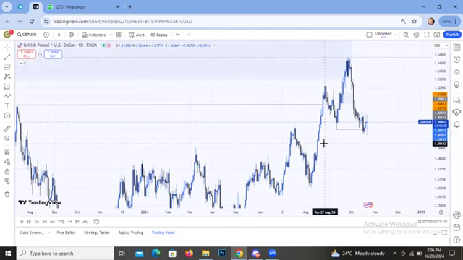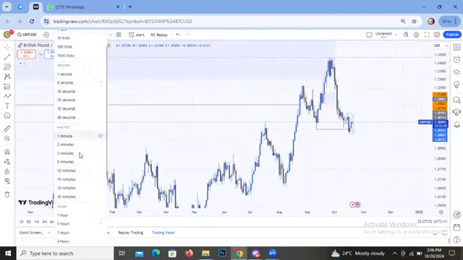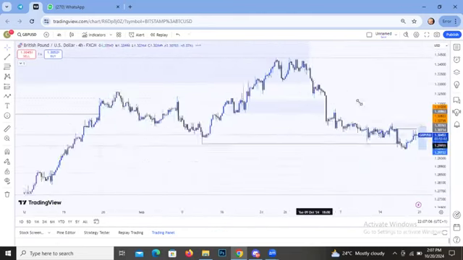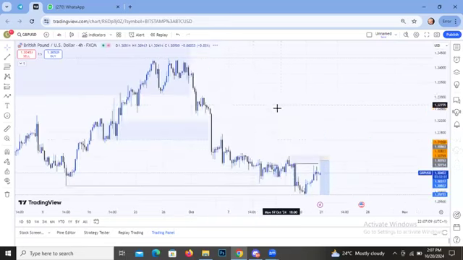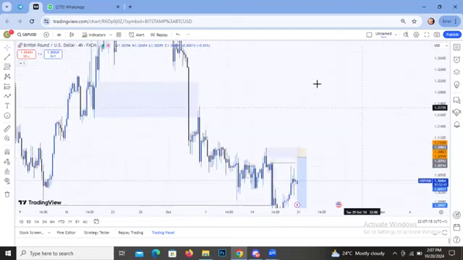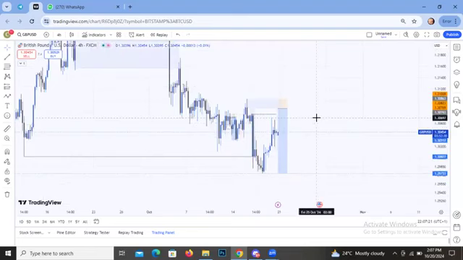You keep breaking it down till you get your perfect, let's say, good entry that you can enter the market from on the lower time frame.